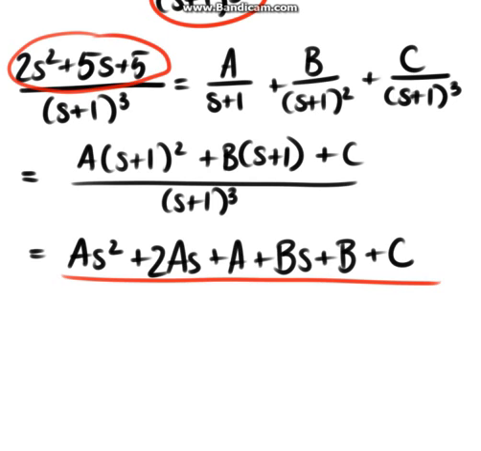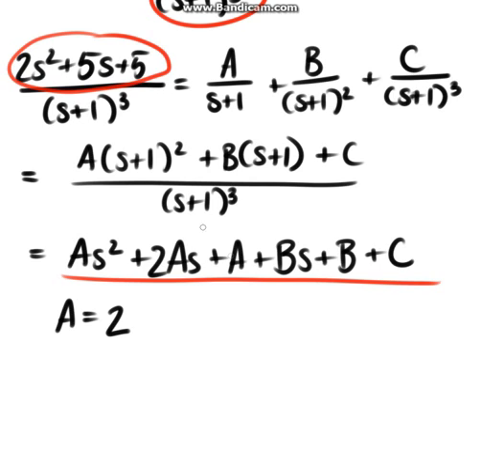So combining all of our s squared terms together and seeing there's only one s squared term on this side, therefore A equals 2. Since there's only one s squared term up here and A is the only s squared term down here, the coefficient A must equal 2.